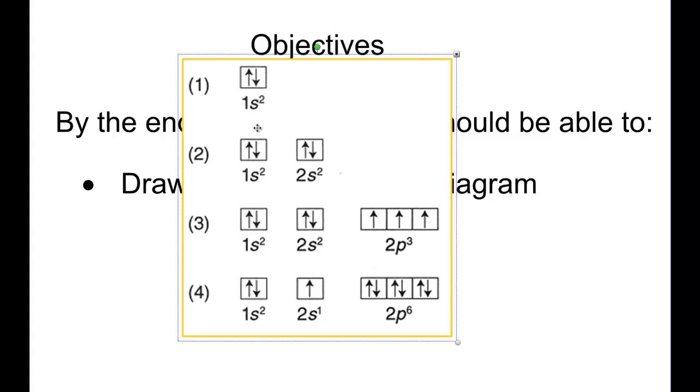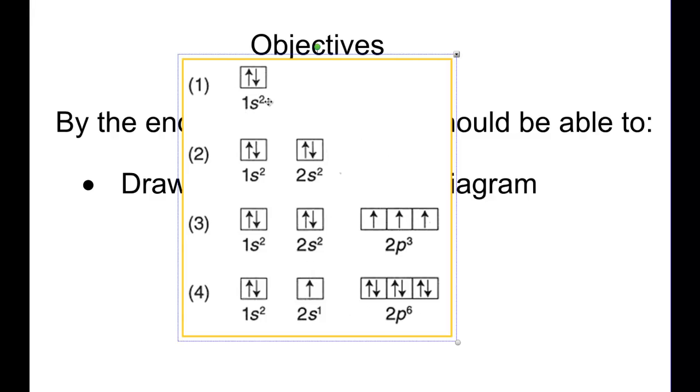Hopefully, if you've watched the previous videos, the 1s2, 2s2, 2p3, etc., looks very familiar to you, and that represents an electron configuration. So what an orbital diagram is, is that we're applying arrows essentially to represent electrons to our electron configurations that we already have.